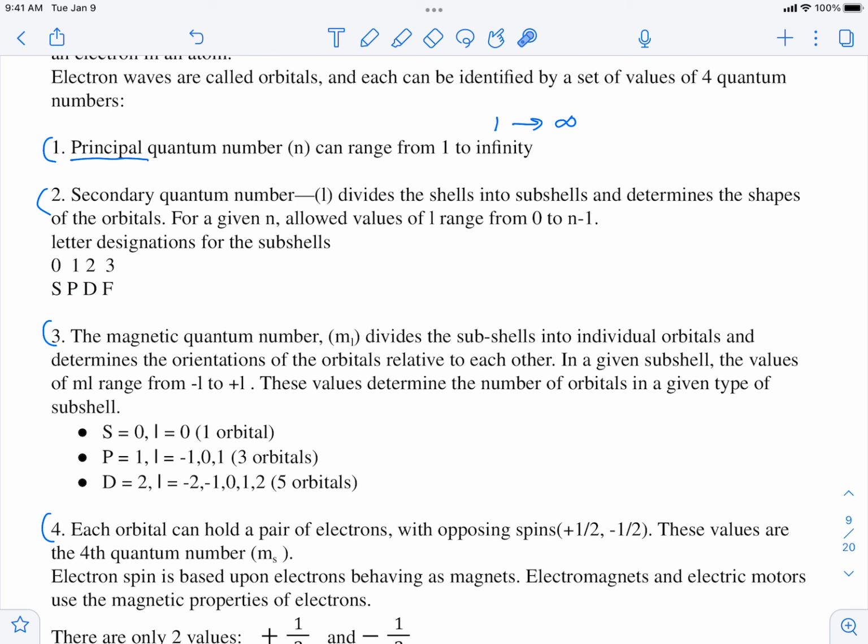The range is anywhere from 0 through n minus 1, meaning the first secondary quantum number is 0, the second is 1, the third is 2, and the fourth is 3, and that's why they're designated to the SPDFs that way. So the secondary quantum number means sublevel type, whereas the principal is energy level.